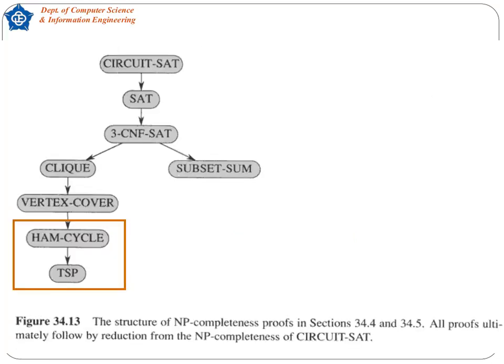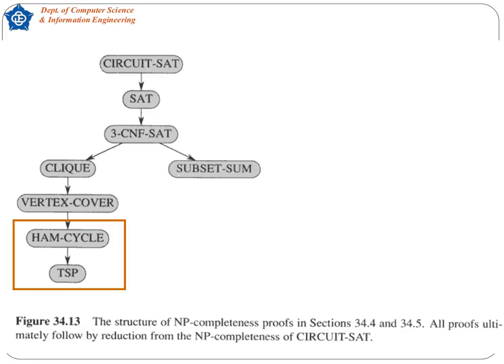Now, building on our NP-completeness framework, we start at the very top with circuit SAT, the original NP-complete problem. From there, we reduce circuit SAT to the general SAT problem, and then to the more restricted 3CNF-SAT. At that point, the reduction graph splits in two directions. One path goes to clique, the other to subset sum.